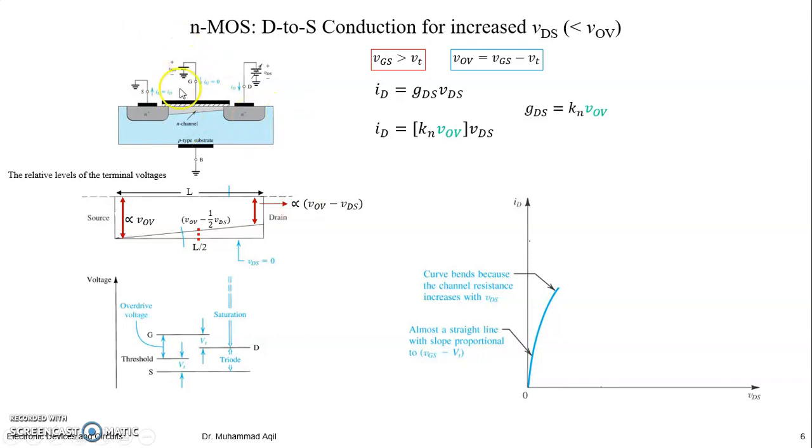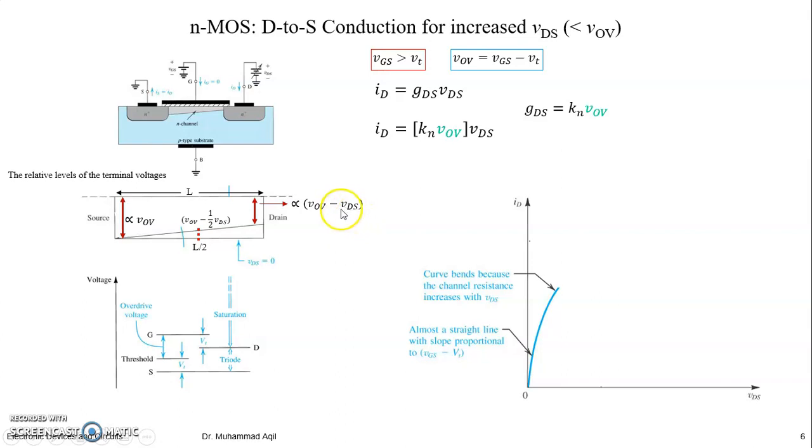So the potential difference between gate and drain is lowered, which means the depth of the channel at the drain side will be reduced. You can see previously it was here, but now it is reduced. Why? Because your drain is higher than the source.